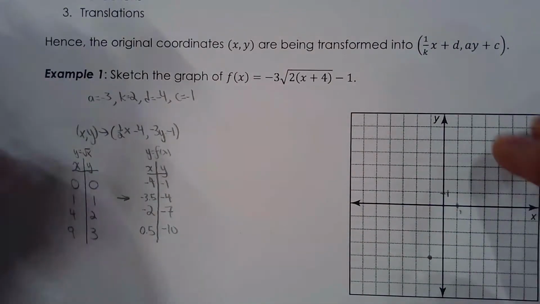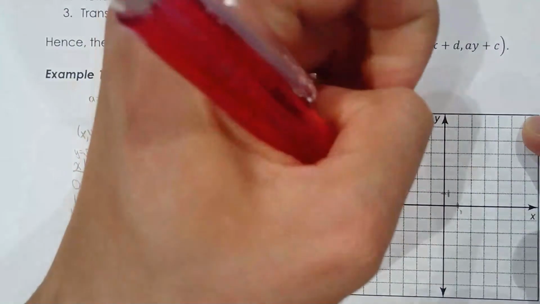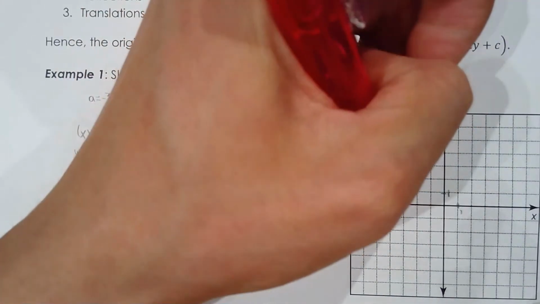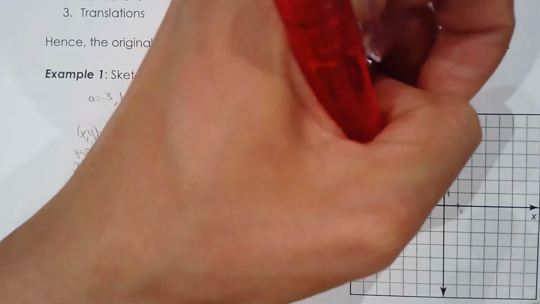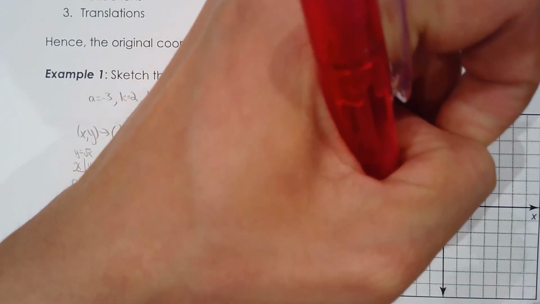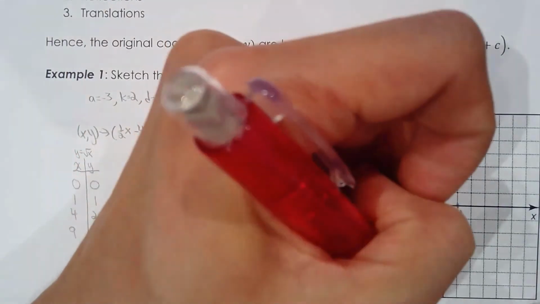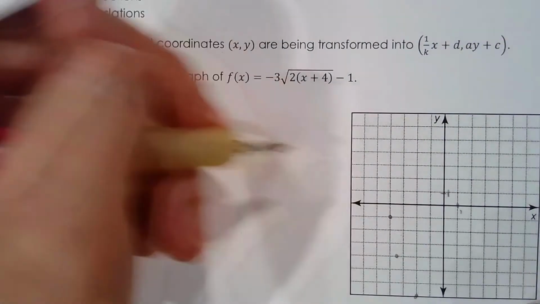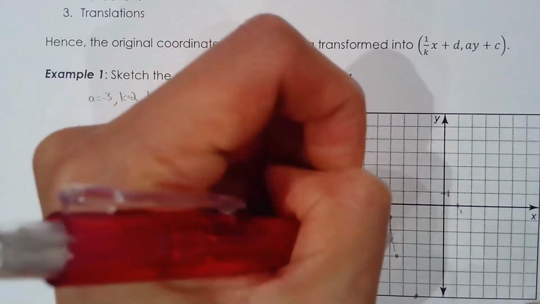Oops, -4, -1. Much better. Okay. -3.5, -4. And then -2, -7. It makes sense because it's vertically stretched by a factor of 3.